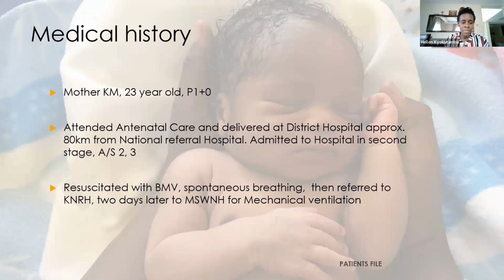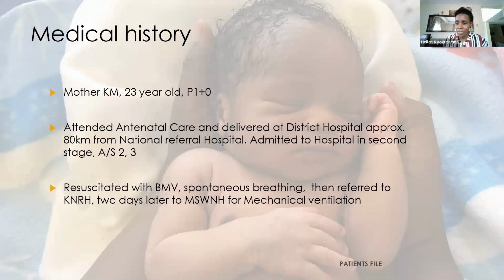And there was some slight improvement, and the baby started to regain some spontaneous breathing. And at that point, the baby was prepared for referral and was referred to Kawempe National Referral for further management.